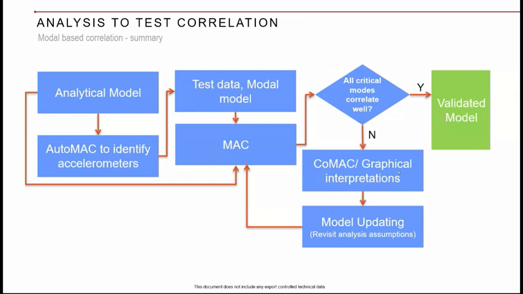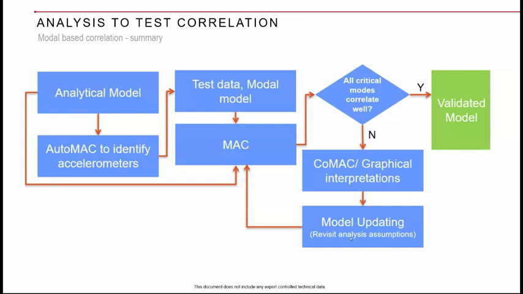If not, you can take up COMAC, understanding which accelerometer locations have deviated, or you can have graphical interpolations of this response data and make some observations or inferences from that and try to incorporate them for the model updating.